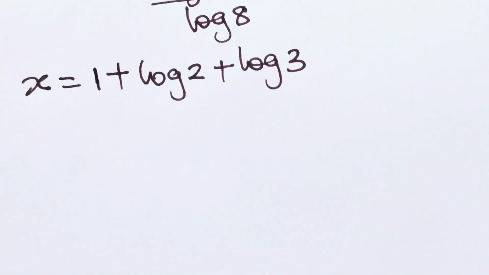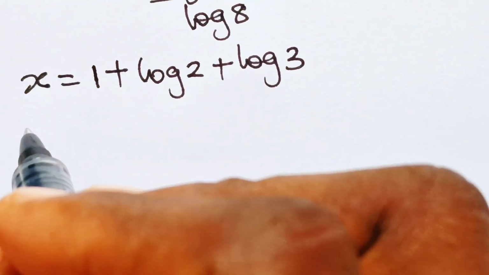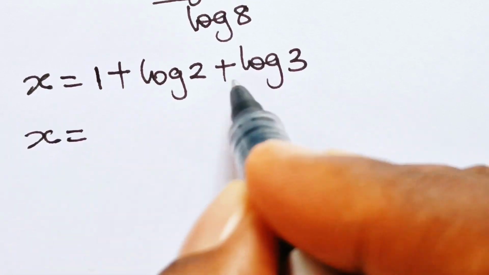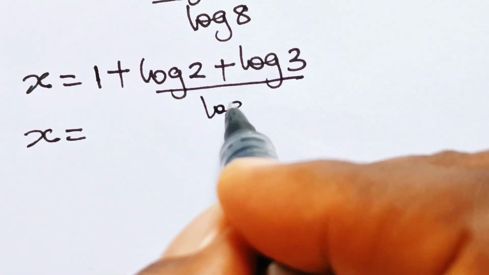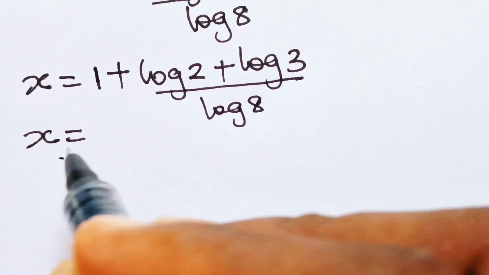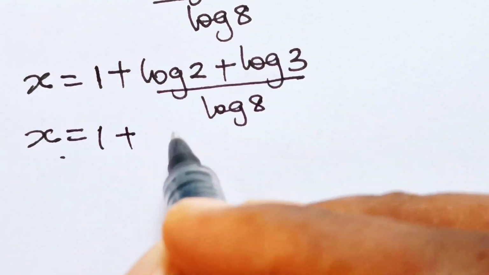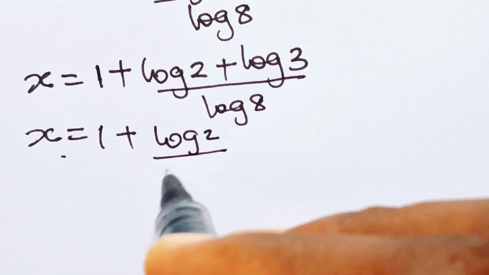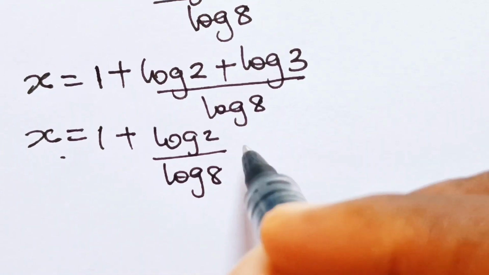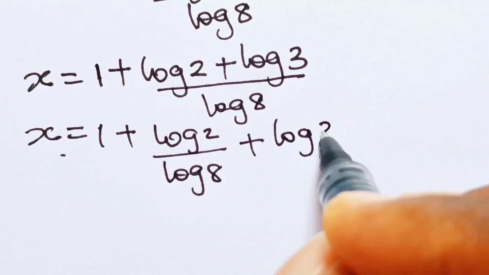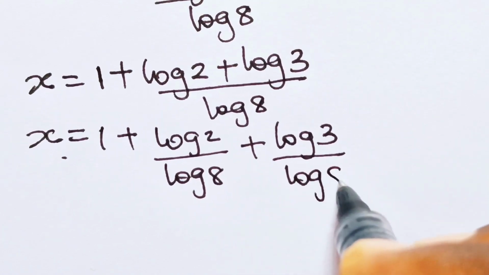This is divided by log 8. So x is equal to 1 plus log 2 divided by log 8 plus log 3 divided by log 8.